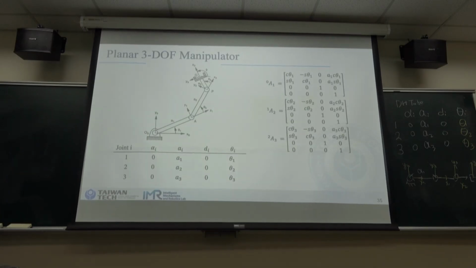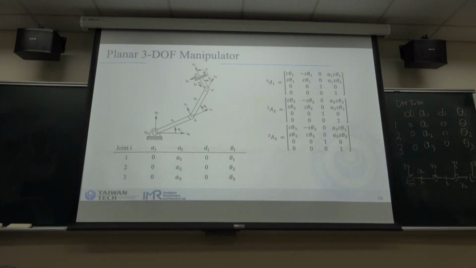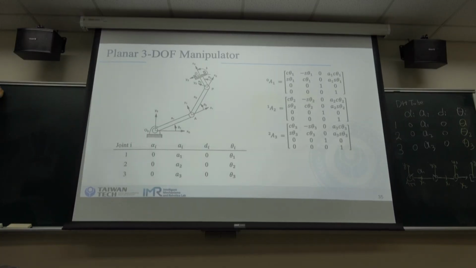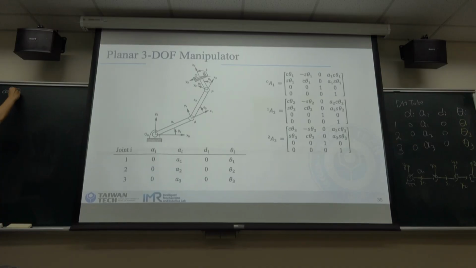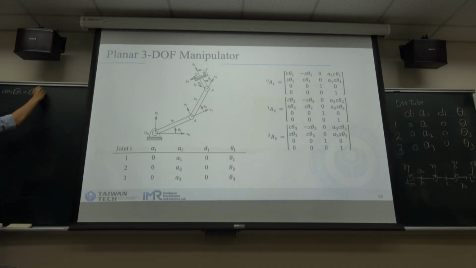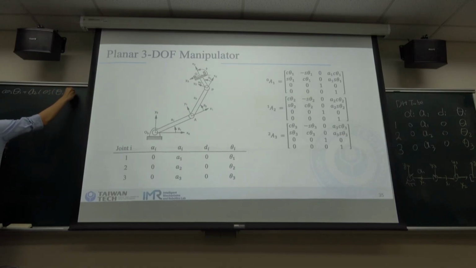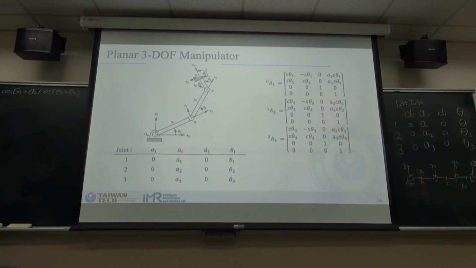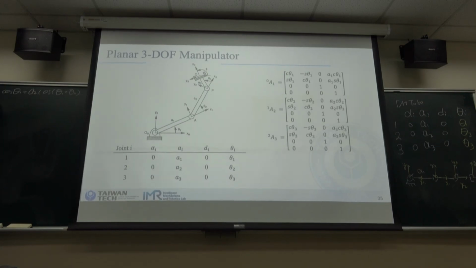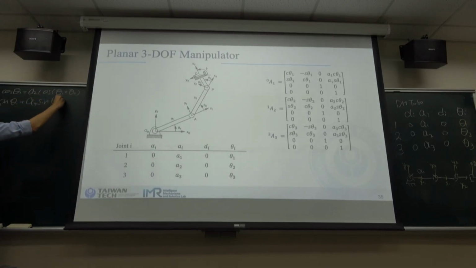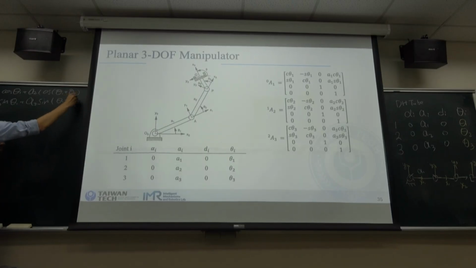If you recall from the geometric method, we know our Px is equal to A1 cosine theta 1 plus A2 cosine theta 1 plus theta 2. And Py is equal to A1 sine theta 1 plus A2 sine theta 1 plus theta 2.